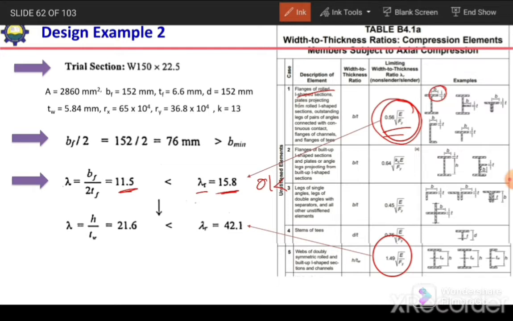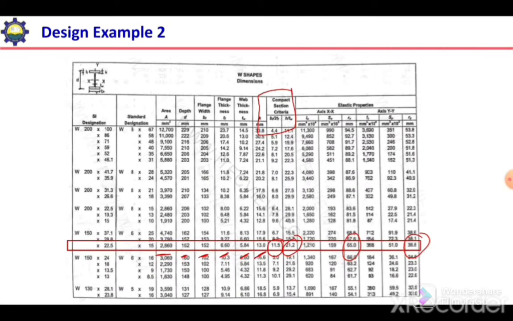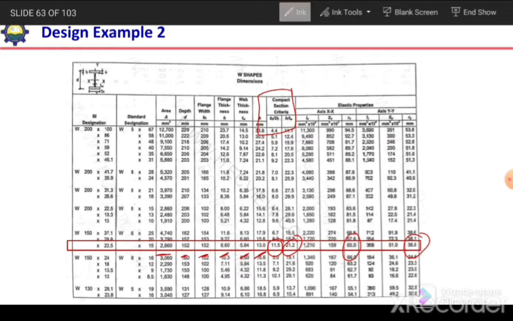For that, lambda is equal to H over TW. So here we need to calculate H. So H is actually D minus 2 times K. So if we see this figure, here this K, so actually the section is like this.